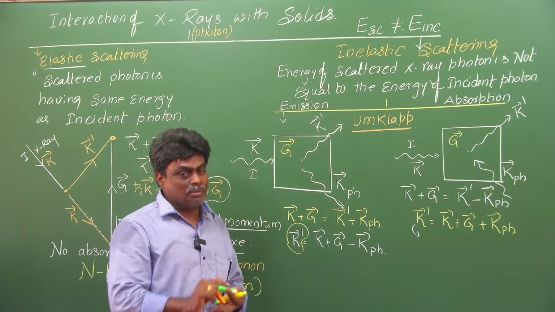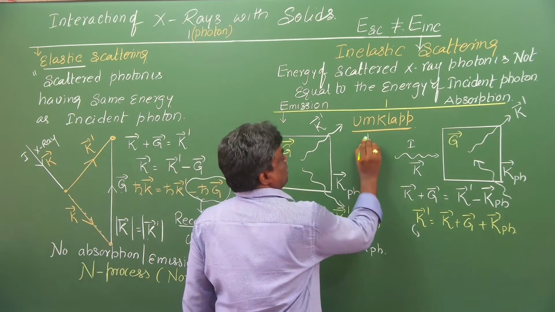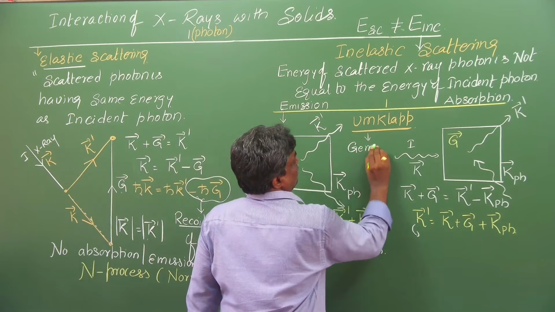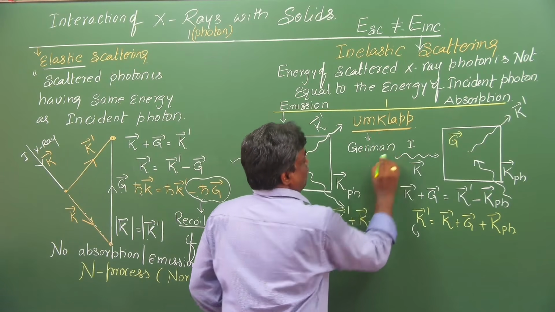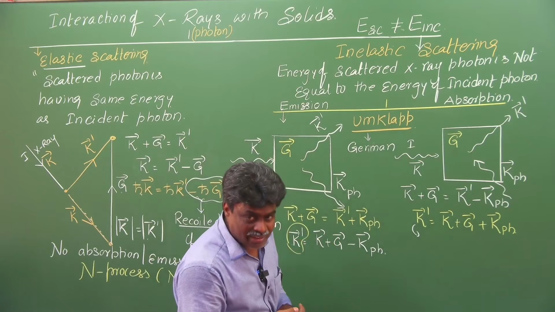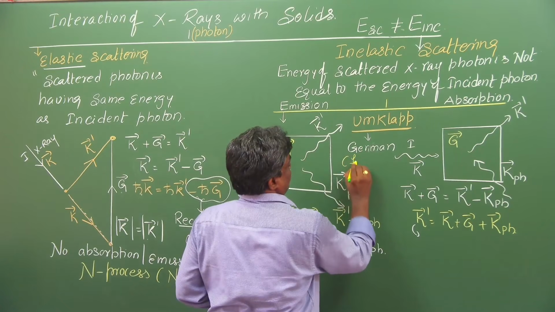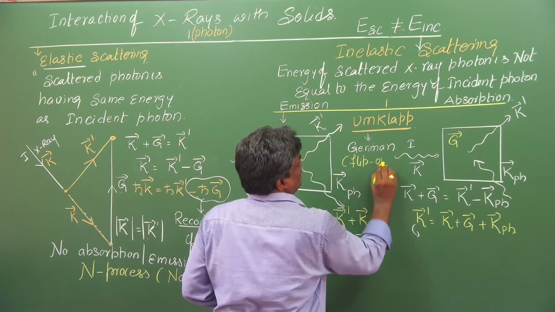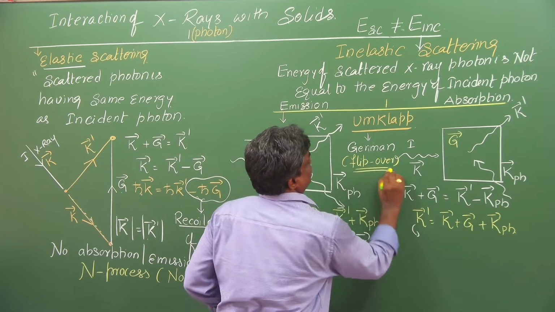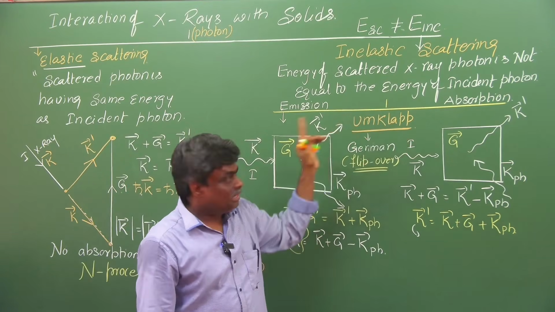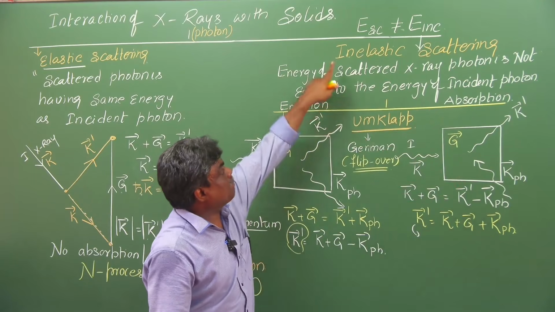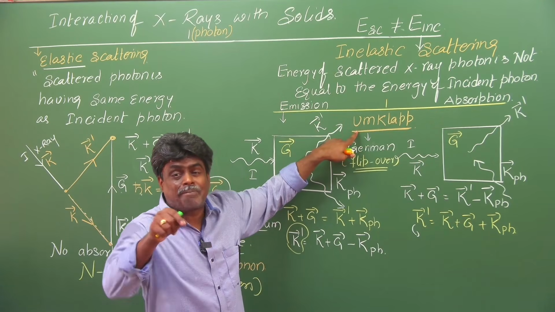This is the German word, which means flip over. The English meaning is flip over, and the German word is umklapp. That's why this inelastic scattering process is called the umklapp process.